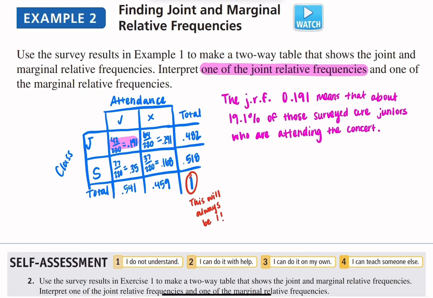This also means that the probability of selecting a random student that's a junior that's attending the concert is 19.1%, which you can see in your book.